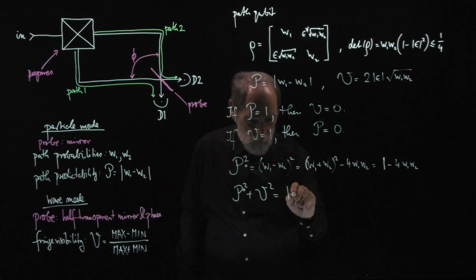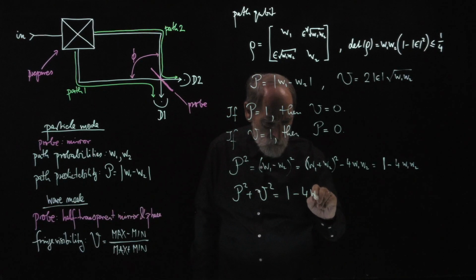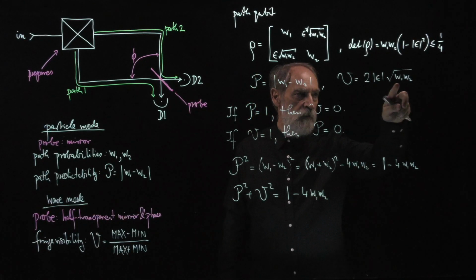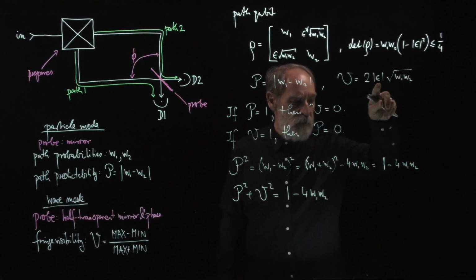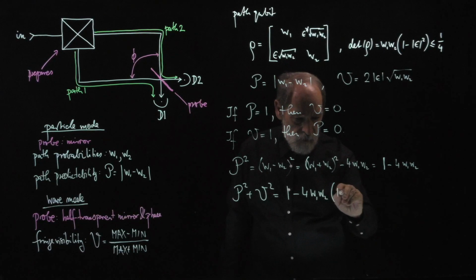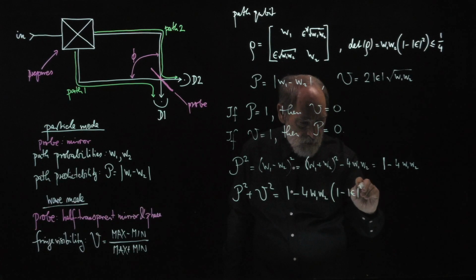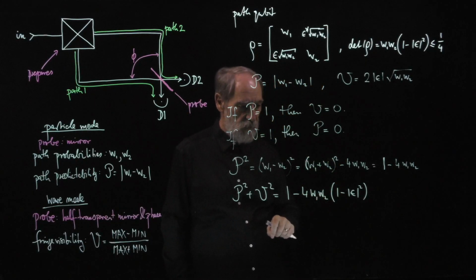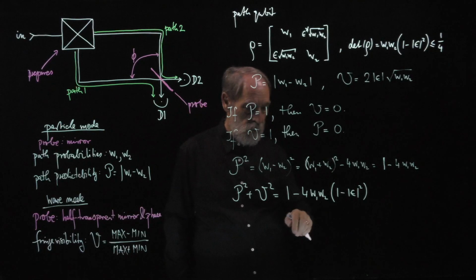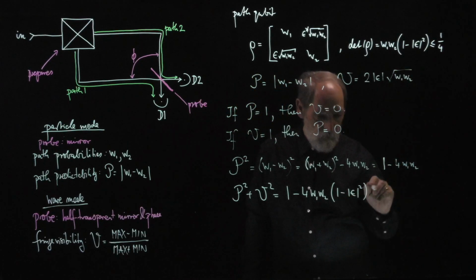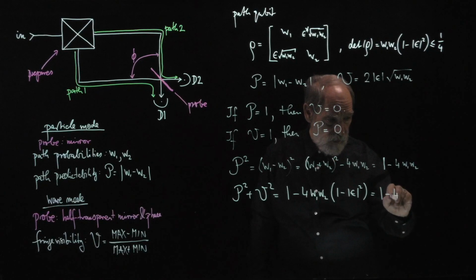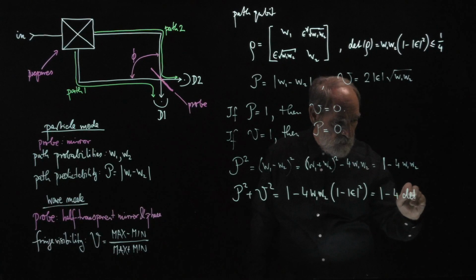The P² is 1 − 4 W1 W2, and the V² is 4 W1 W2 ε². So I have the V² added by having minus minus ε², so it's plus 4 W1 W2 ε². And now we look here and we recognize that this is 1 − 4 times the determinant of rho.